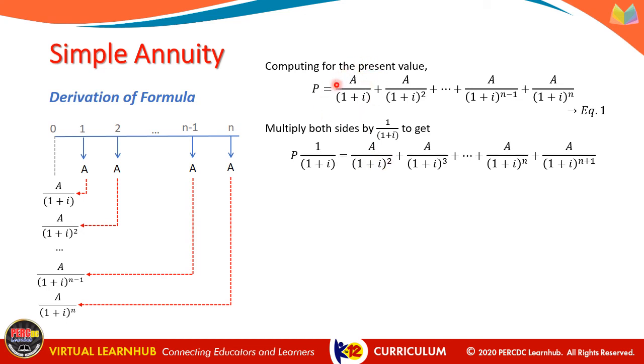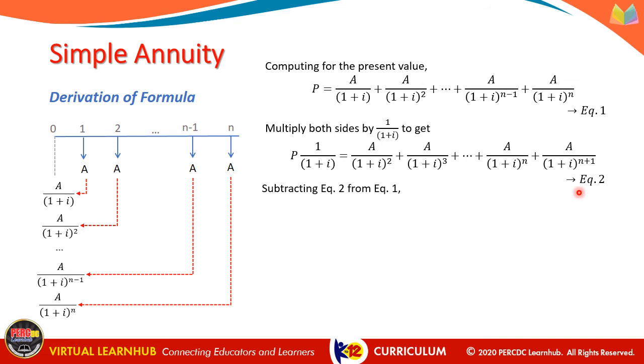That is from this one, A over 1 plus I multiplied by 1 over 1 plus I. That will become A over 1 plus I squared until this A over 1 plus I raised to n multiplied by 1 over 1 plus I becomes A over 1 plus I raised to n plus 1. We can call this equation number 2.